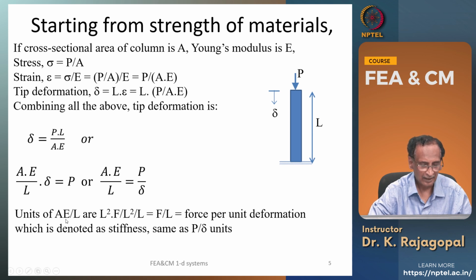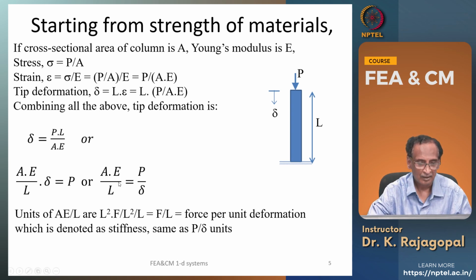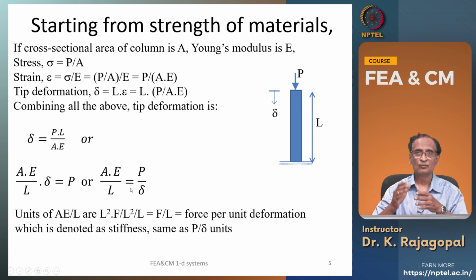And this AE by L is a quantity that we call the stiffness, and that has the units of force per unit deformation. And on the right hand side also we have P by delta. P has the units of force, and delta has the units of displacement or length.